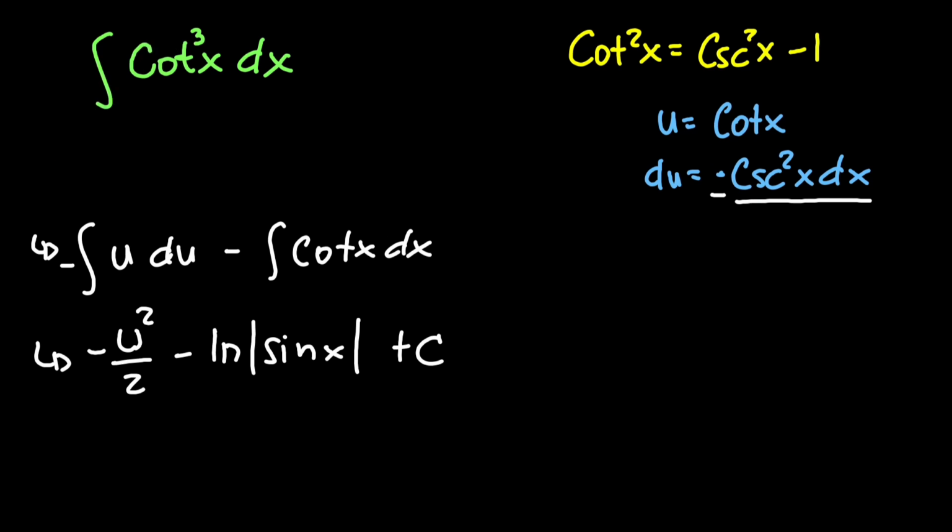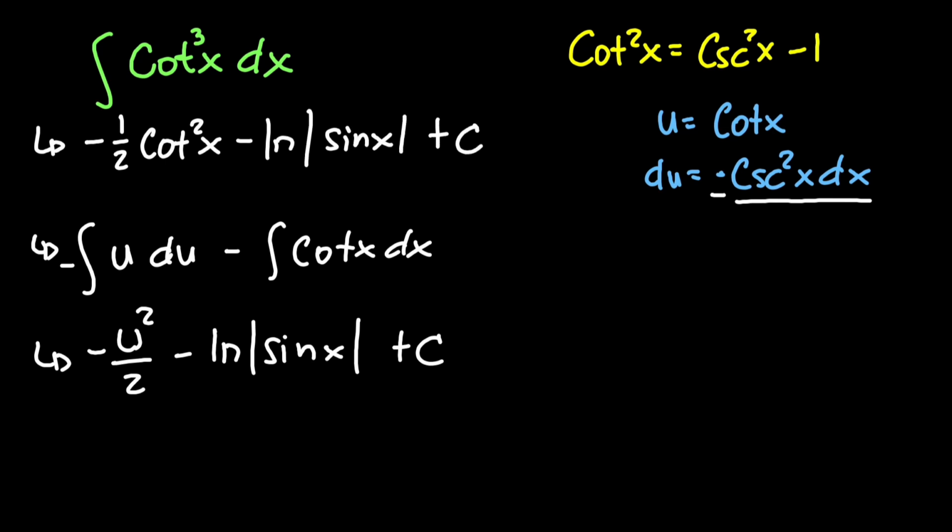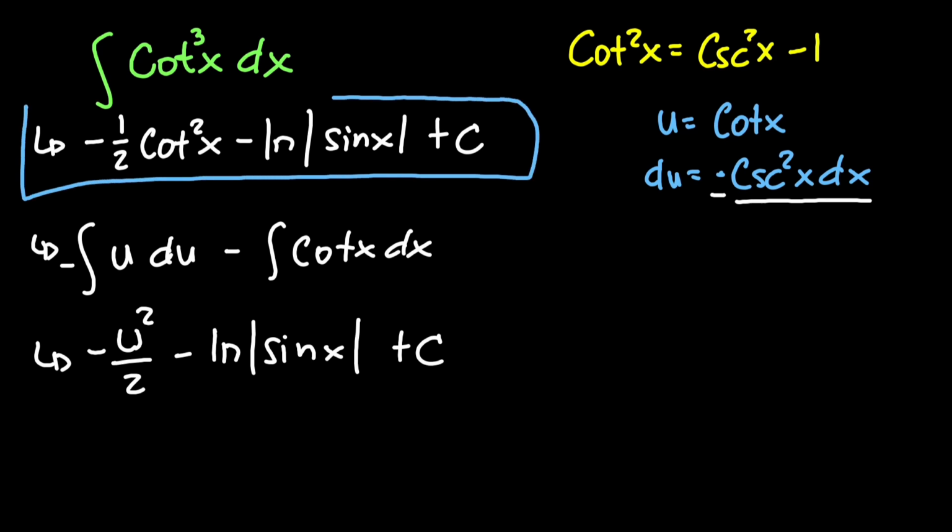Thus, the final answer for the integral of cotangent cubed of x dx would be equal to negative 1/2 of u here, which is cotangent squared of x, minus the natural log of the absolute value of sine of x plus c. Make sure to remember all of these answers because they will be used later.